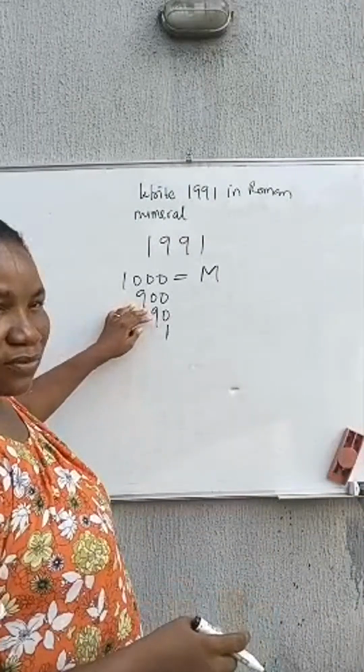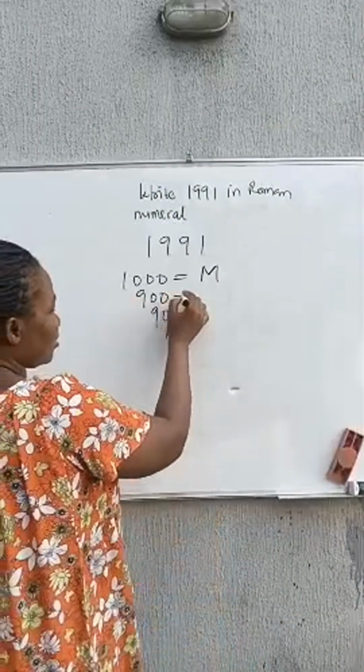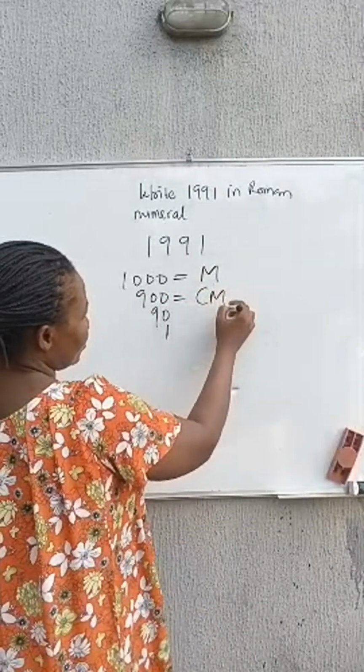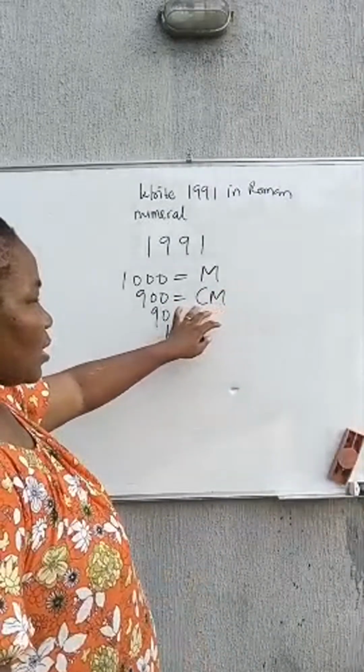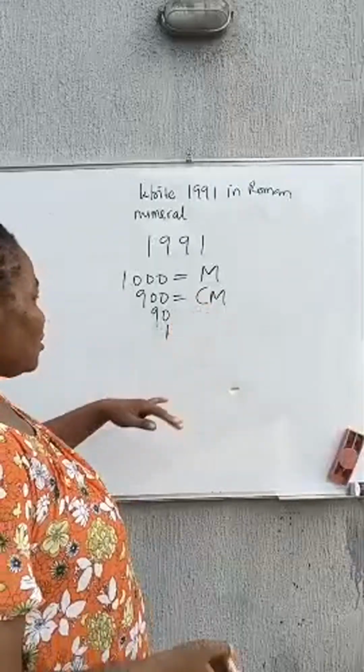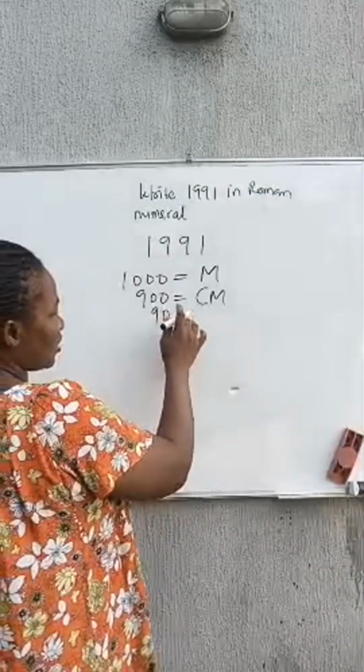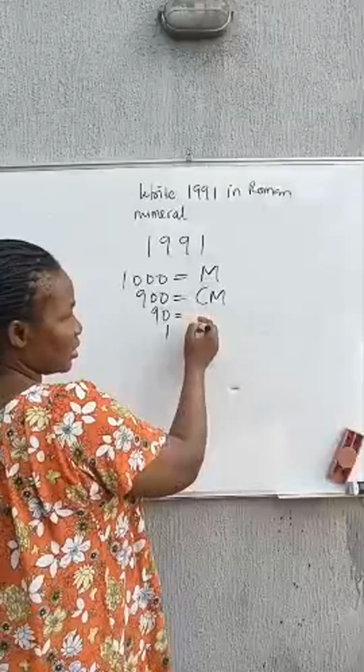What about the letter for 900? The letter for 900 is CM, that is 1,000 less 100. What about the letter for 90?